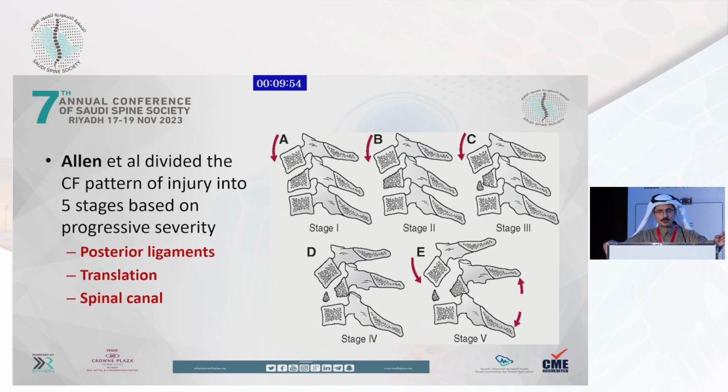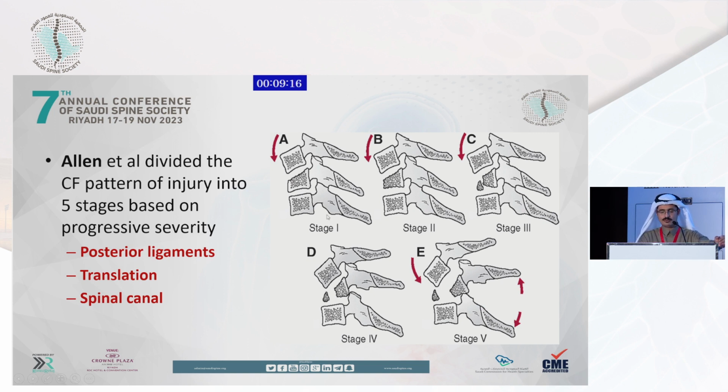Again, there is a wonderful classification by Allen, where he divided the compression flexion injury, or the teardrop, into 5 stages, from stage 1 to stage 5. That is based on the status of the posterior elements, whether or not there is a translation, and the compromise of the spinal canal. Stage 1 affects only the superior end plate, with mild kyphosis.